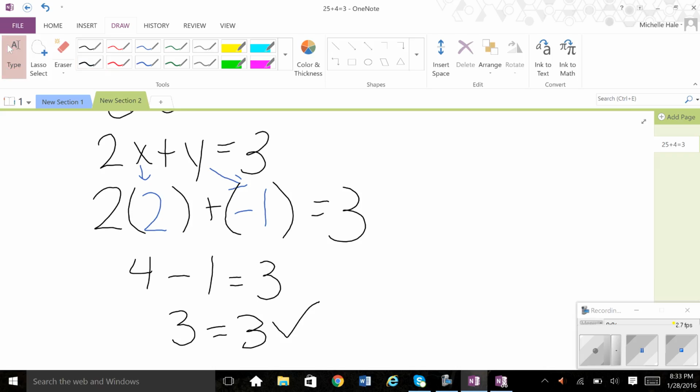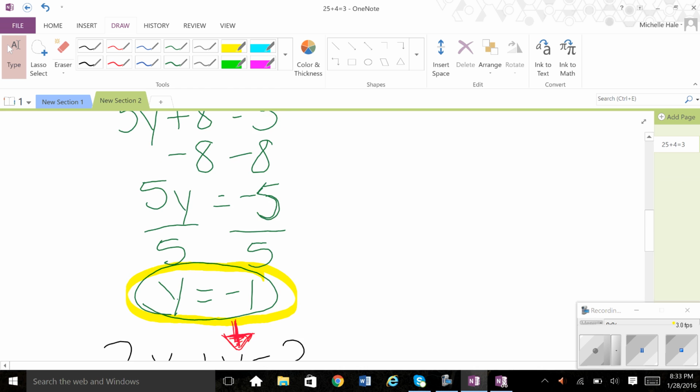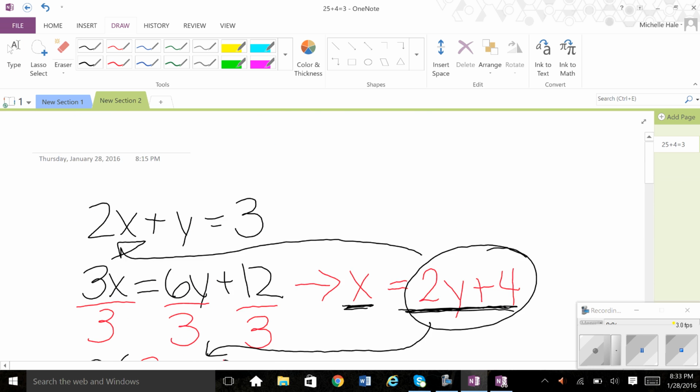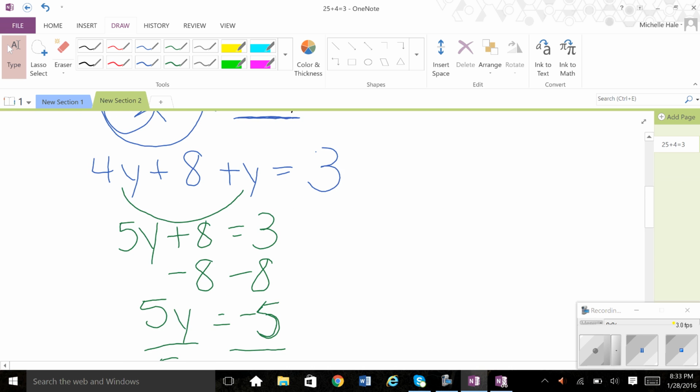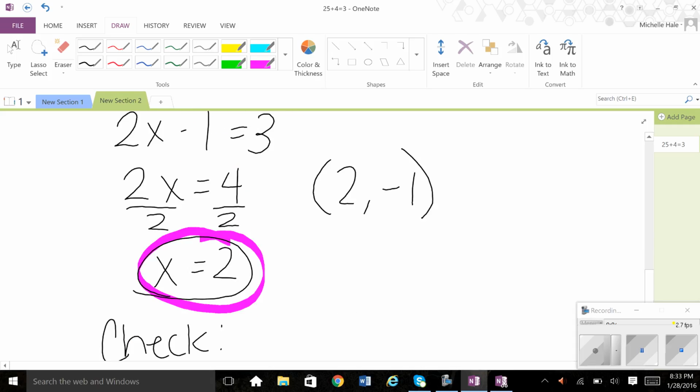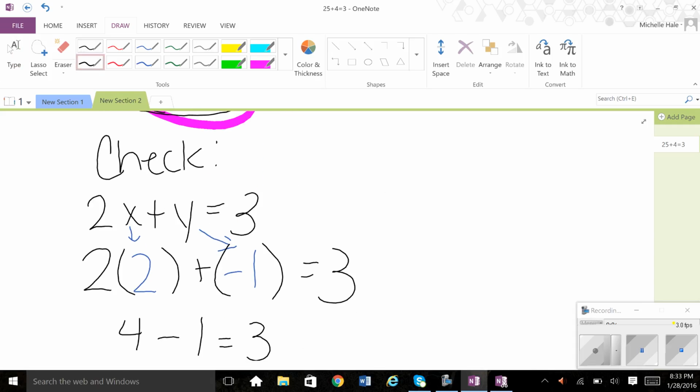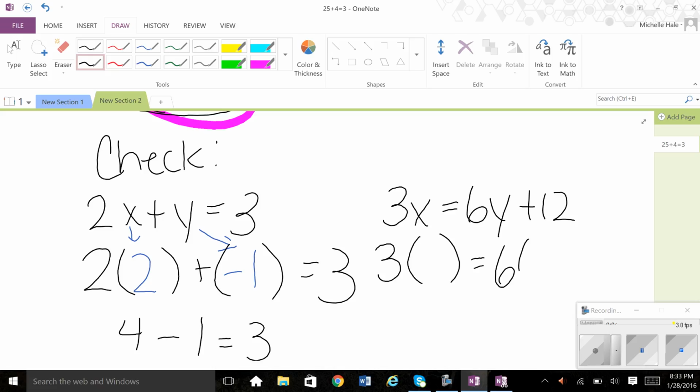Now let's go back to our first equation. I'm sorry, our second equation. It was 3x equals 6y plus 12. So let's check that one. Okay, we're going to plug in 2 and negative 1 in for x and y.